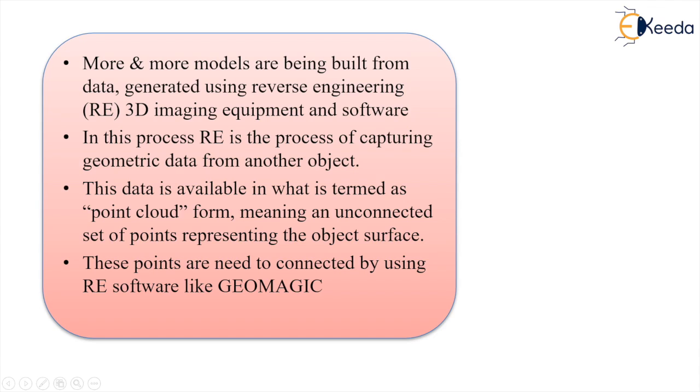These points need to be connected by using RE software like Geomagic. So we have a number of points in the point cloud, and we have to connect those points by using software like Geomagic.